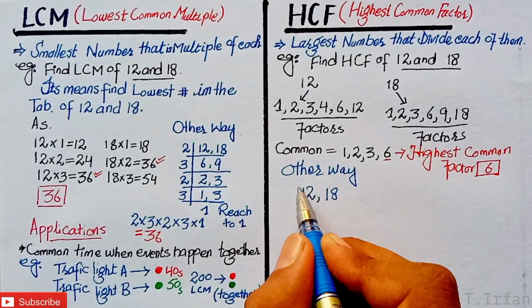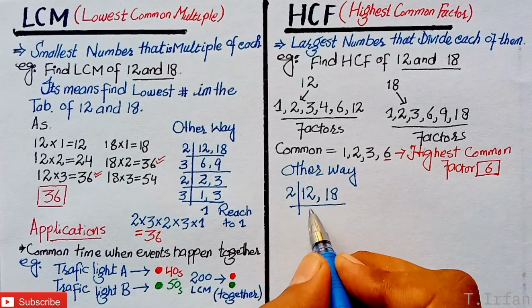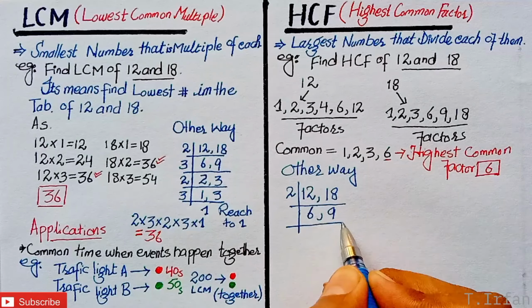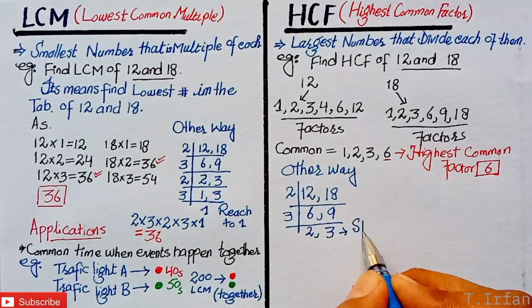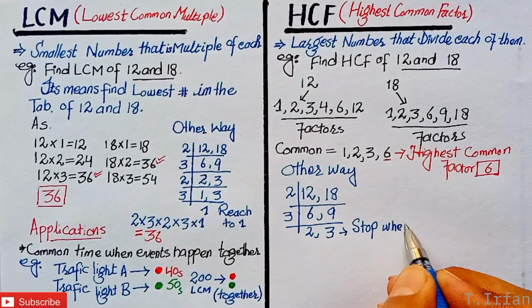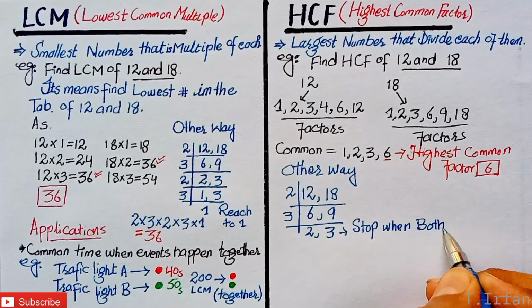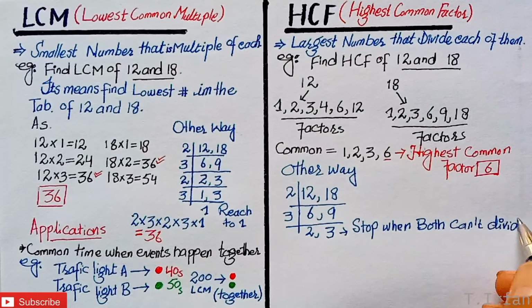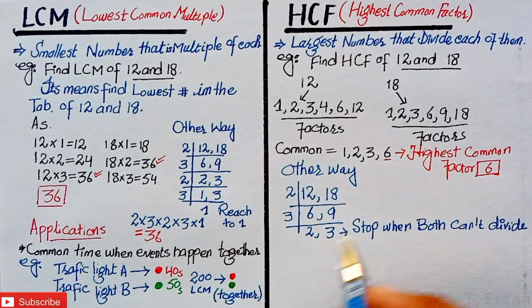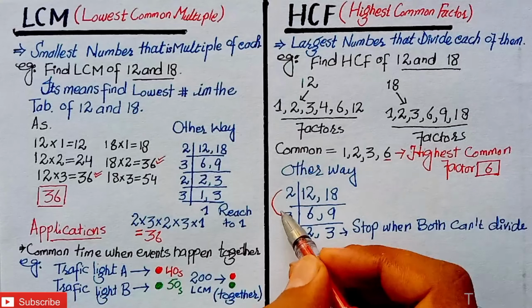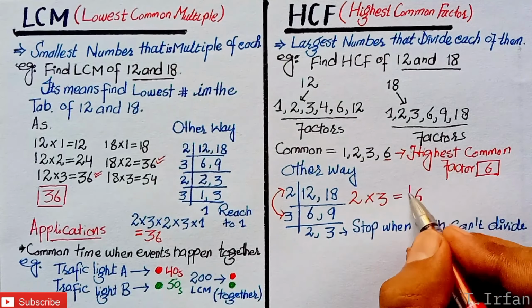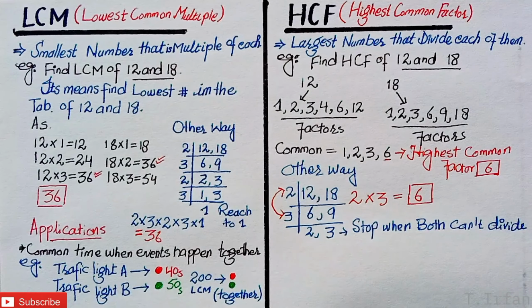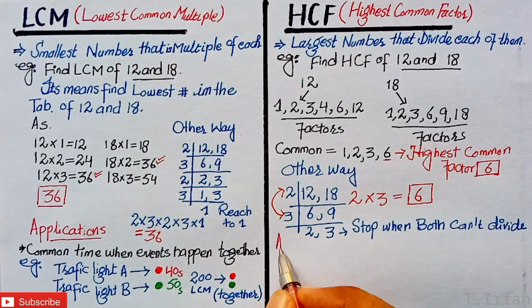We divide 12 and 18 and keep dividing, and stop when both cannot be divided. And after that we multiply these numbers. In this way we can also find the HCF, which is again 6.